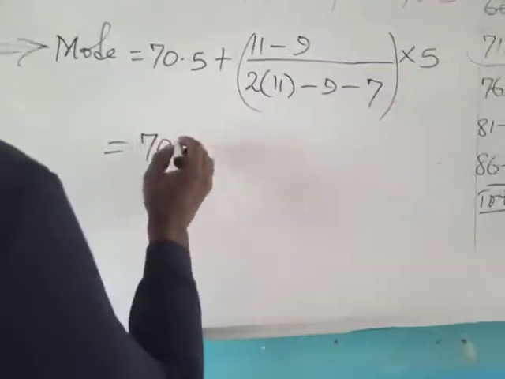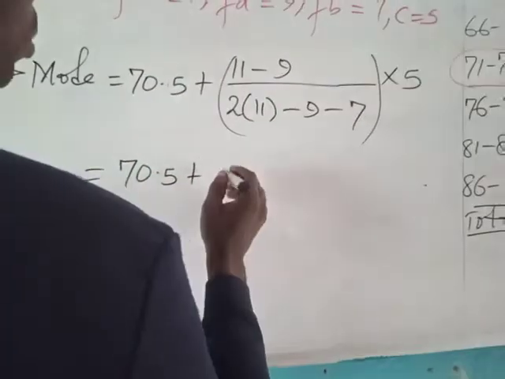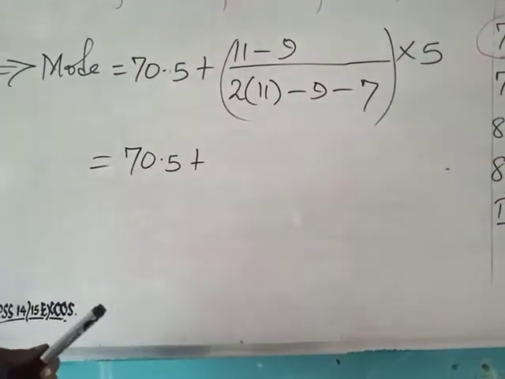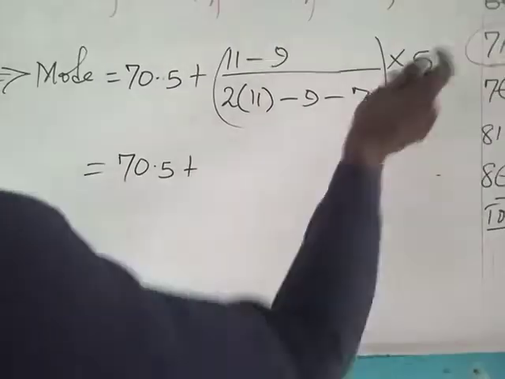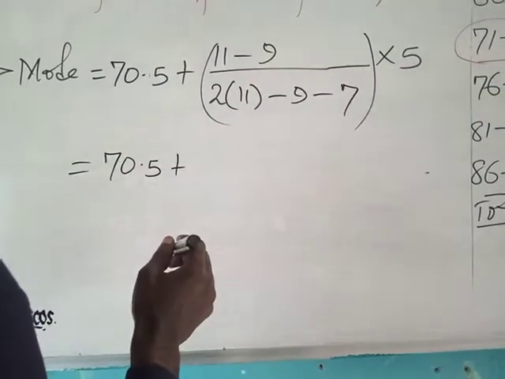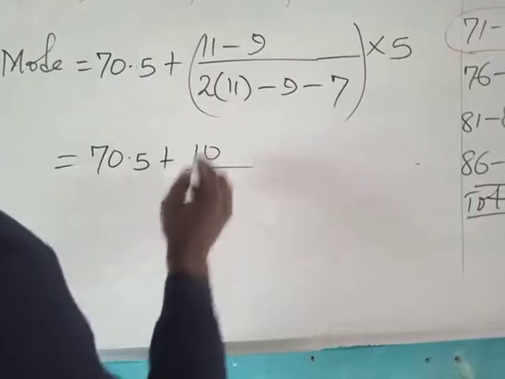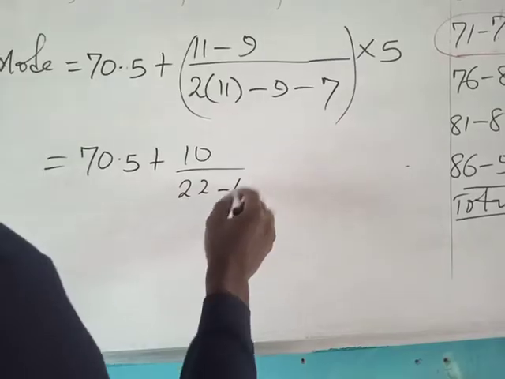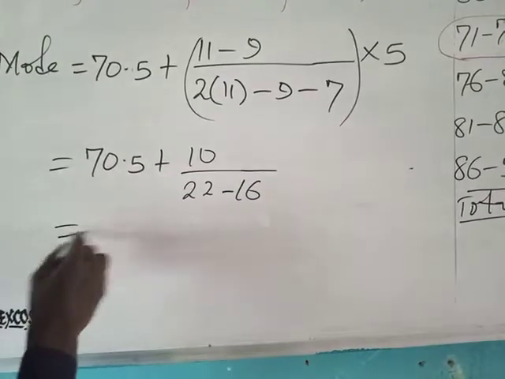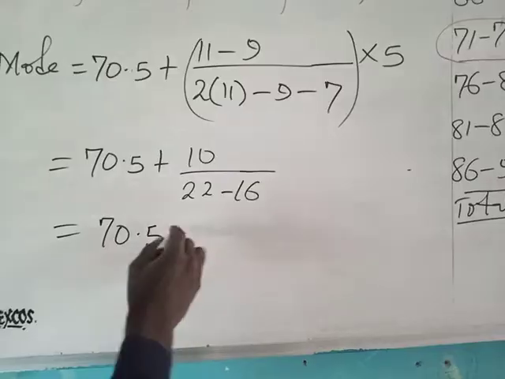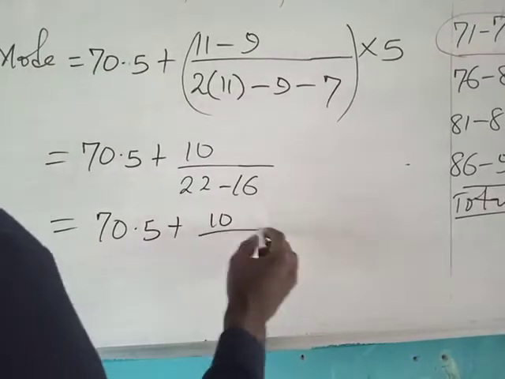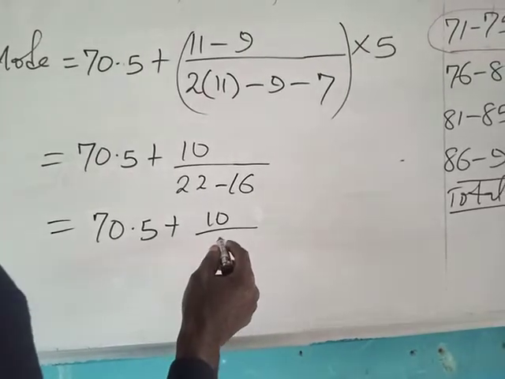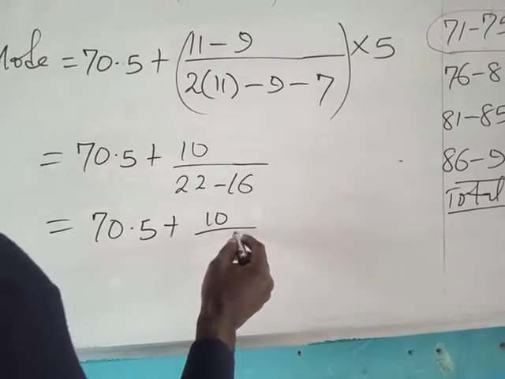This will be 70.5 plus, when you subtract 11 minus 9, we have 2. So 2 times 5 will be 10, all over 22 minus 9 minus 7, that gives us 6.